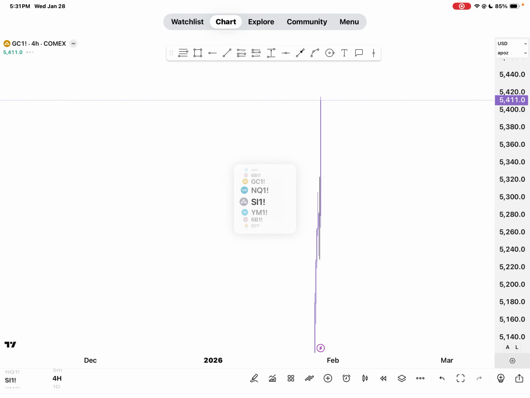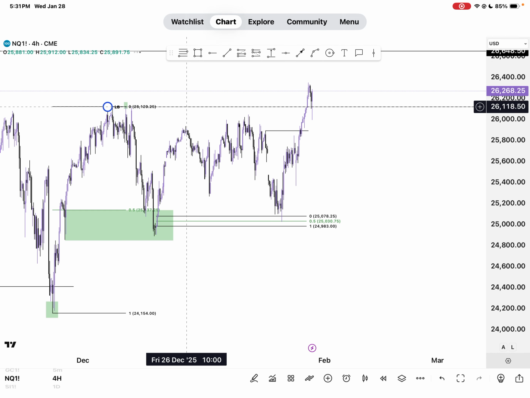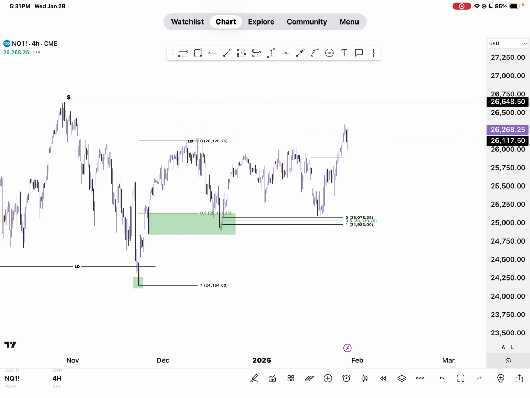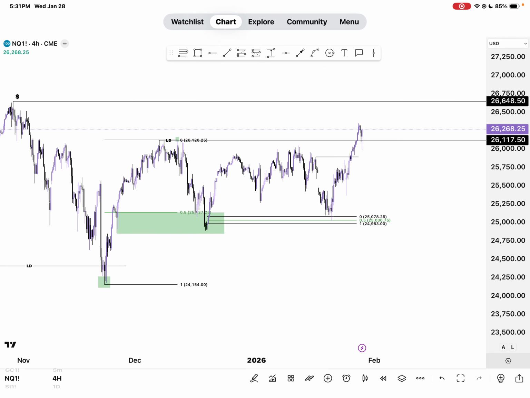So yeah, and then on NQ, what we have is we finally broke out to the high side of this weird price leg. And that led us to pulling back, or not pulling back, but pressing into this daily, sorry, not daily, this 4-hour price gap here.